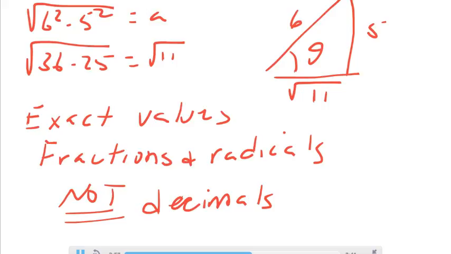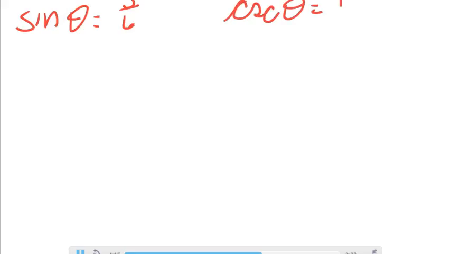Now, for this triangle, we know that sine of theta is 5/6 because we were given that. We can write that the cosecant of theta equals 1 over the sine theta is equal to 6/5, because that's the definition of cosecant.